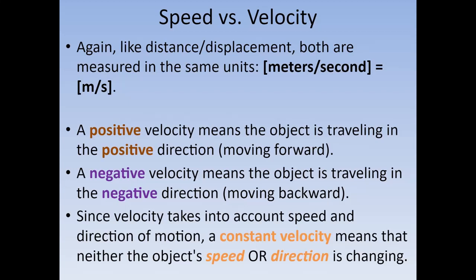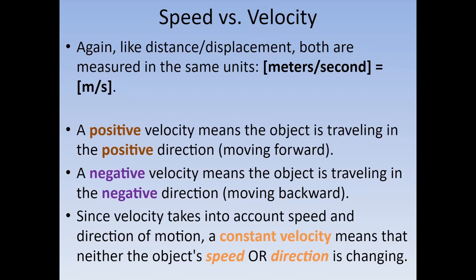Now, one thing to also keep in mind is since velocity takes into account both speed and direction, when we say that the velocity is constant, that doesn't just mean that the speed is constant, that the object isn't changing the value of how fast it's going. It also means that the direction is constant.